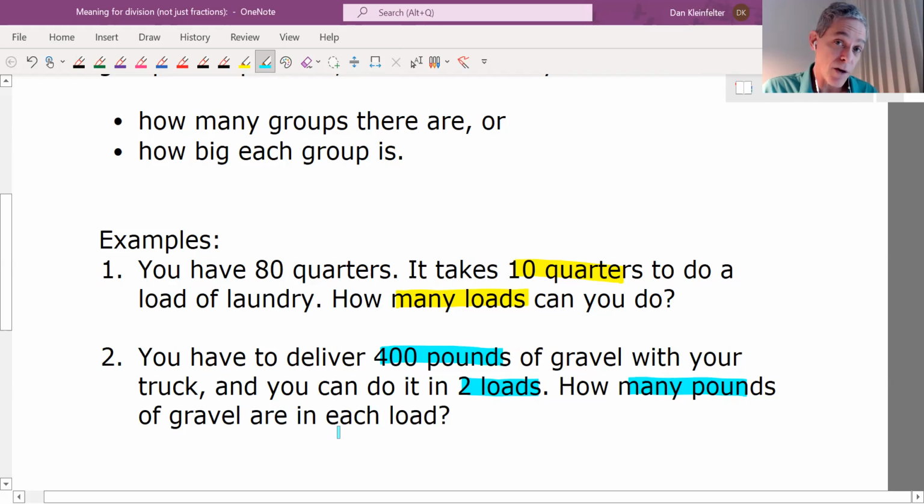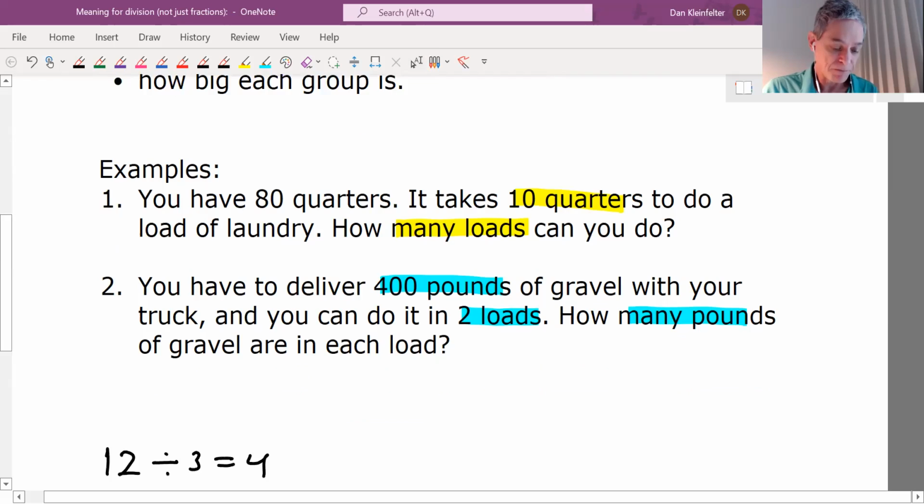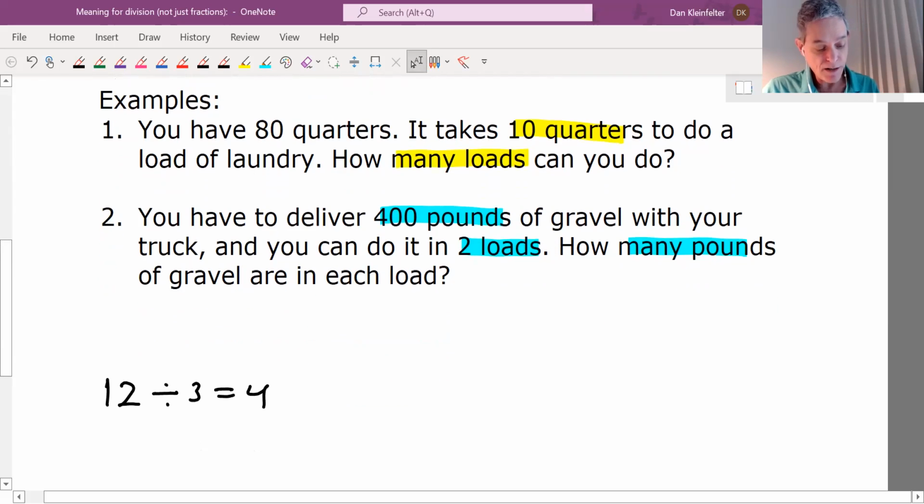So you have a whole amount of something, and you're putting it into chunks or groups of equal size, and you want to know either how many groups there are or how big each group is. That's division.